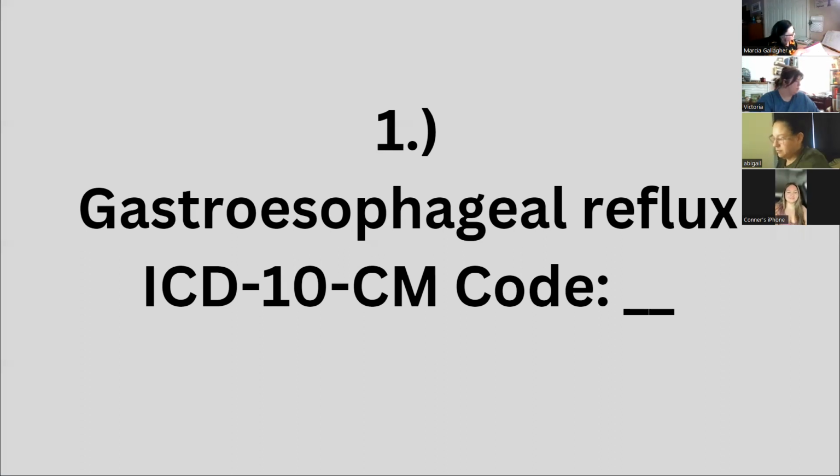Okay, so if we look down right underneath all of those words under K21.9, it says esophageal reflux. So do you guys think K21.9 is the correct code? Yes. Okay. I agree too. That was pretty straightforward, right?